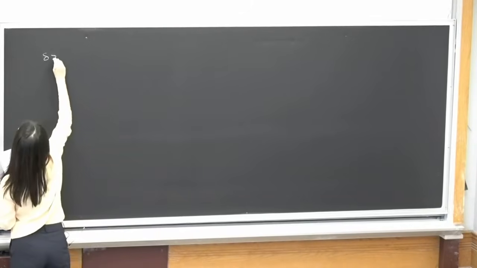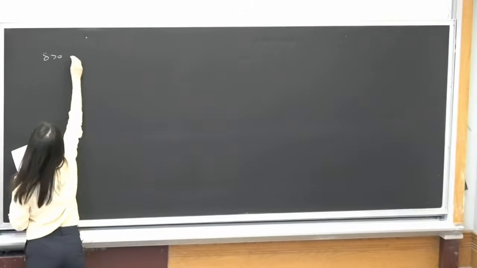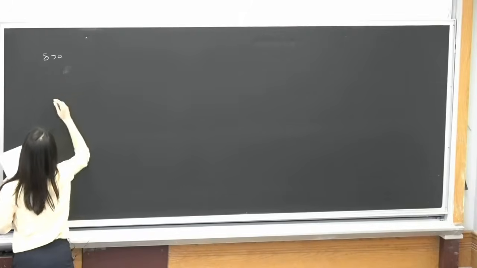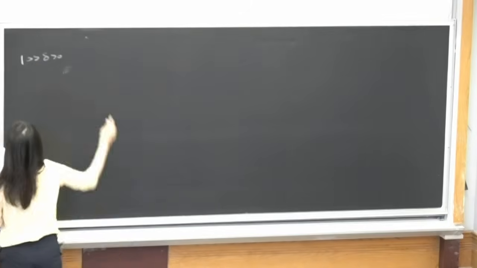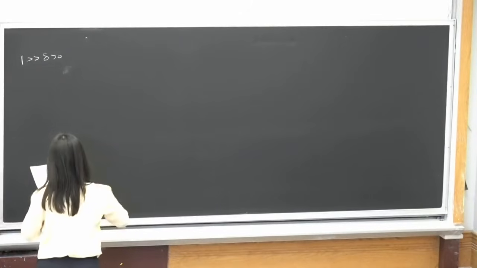That's our starting point. So let's first translate the Kakeya problem to a discretized problem. Let's say delta is a small scale, much less than 1 and positive.